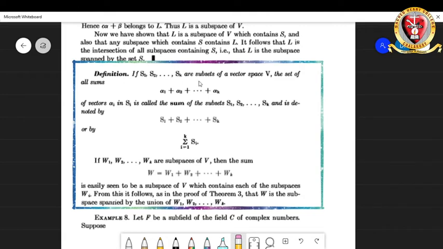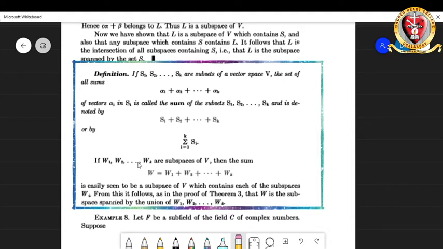If S1, S2, etc., Sk are subsets of a vector space, the set of all alpha 1 plus alpha 2 plus etc. plus alpha k, where alpha 1 comes from S1, alpha 2 comes from S2, etc., alpha k comes from Sk, is called the sum of the subsets S1, S2, etc., Sk, and it is denoted by S1 plus S2 plus etc. plus Sk, or by the summation of Si from i equals 1 to k.